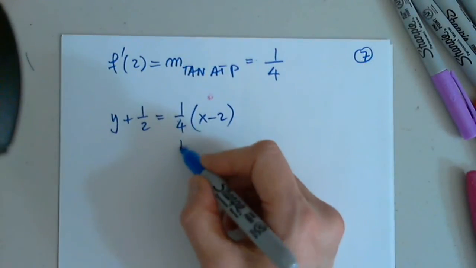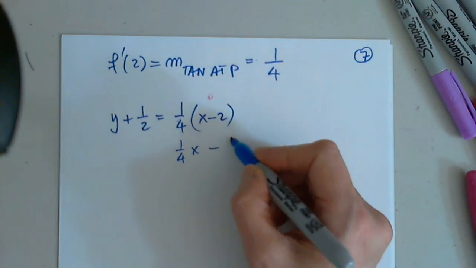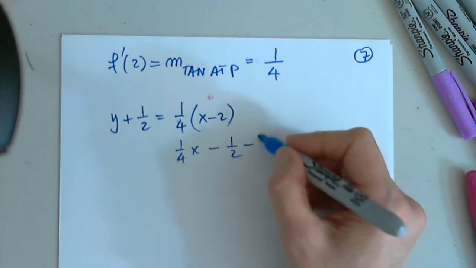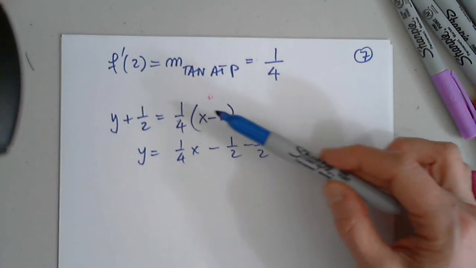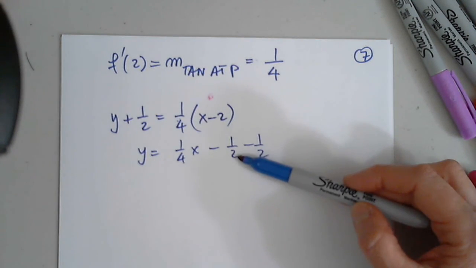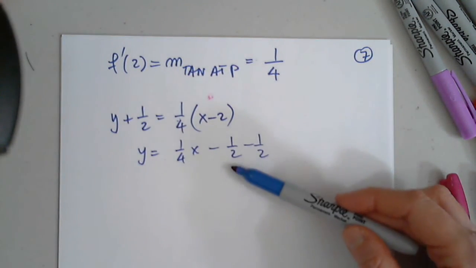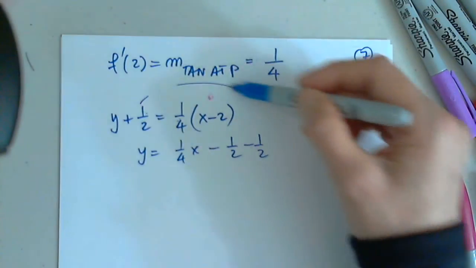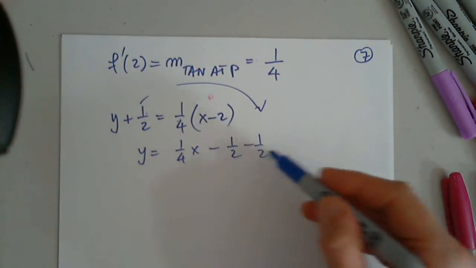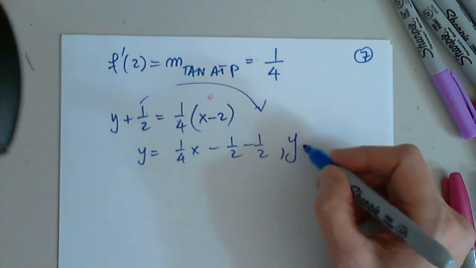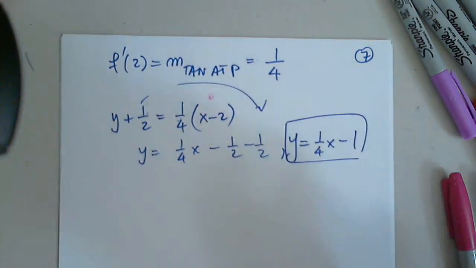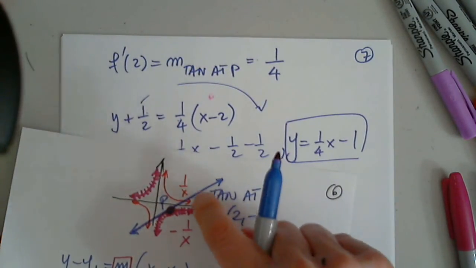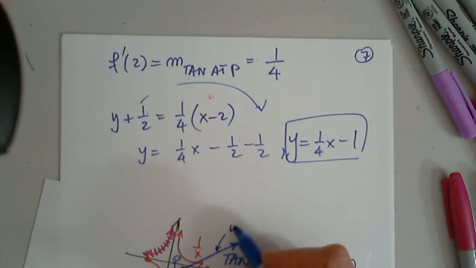I will distribute and get 1/4 x minus 1/2, and then I subtract 1/2. 1/4 times 2 is 1/2, but then I have to subtract 1/2, and this is negative 1. So the equation of the tangent line is y equals 1 over 4 x minus 1.